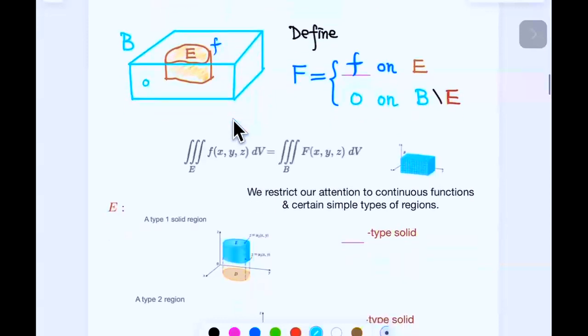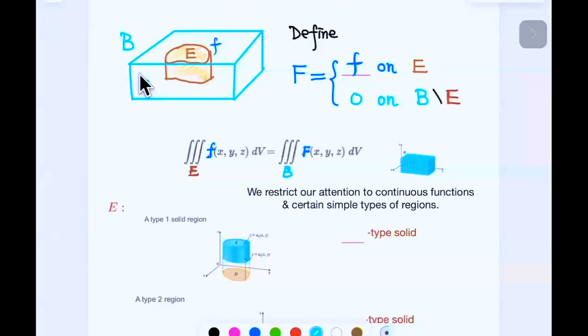Then when we do the triple integral of this small f function over this solid E, that's equal to the triple integral of this big F function over this rectangular box B, because the big F function is equal to 0 outside of the solid but inside the box.